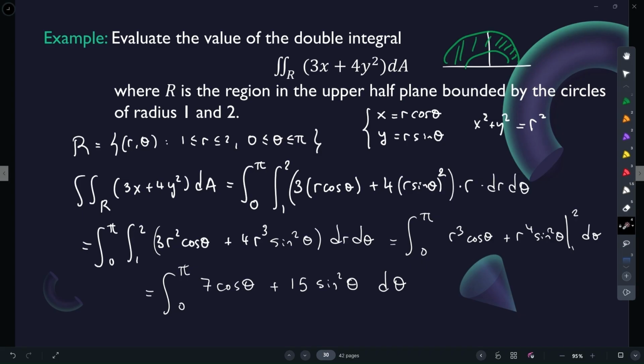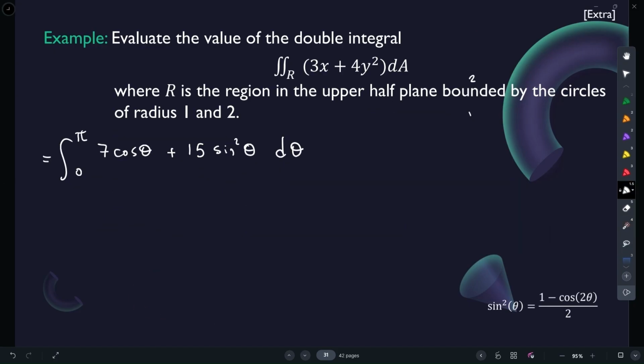How are we going to solve this integral? Okay, we continue here. Remember that to integrate the square of sine, what we use is this equality. So I can rewrite this as the integral from 0 to pi of 7 cosine theta. I will be able to integrate cosine theta, no problem. But this is plus 15 divided by 2, times 1 minus cosine of 2 theta, d theta. And now I can integrate that.